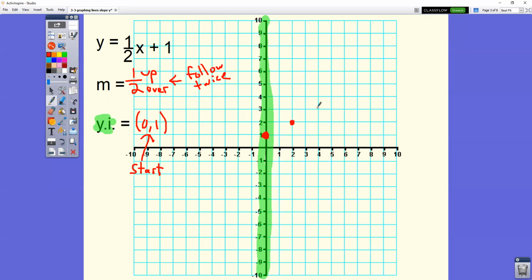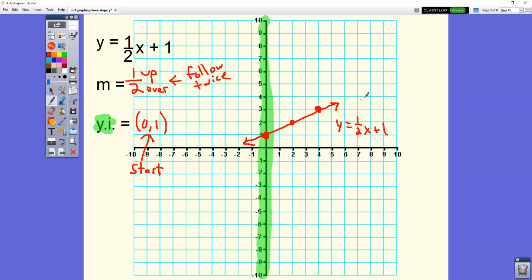Up 1 over 2, put a dot. If you want to keep on going farther and farther, you can, but the minimum that you need are 3 dots total. Connect your dots with a line. It should form a straight line. Make sure that you put arrows on the ends of your lines, and you should label your line.